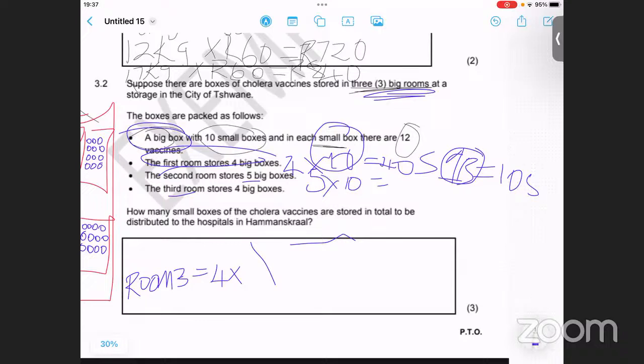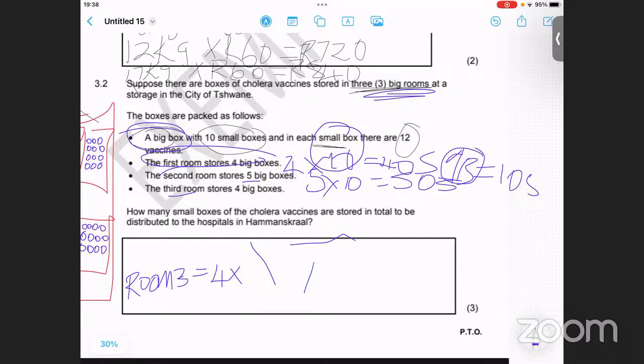So we're gonna have 5 multiplied by 10, which is the same as 10 plus 10 plus 10 plus 10 plus 10. Okay, cool. Which is 50 small boxes, right?